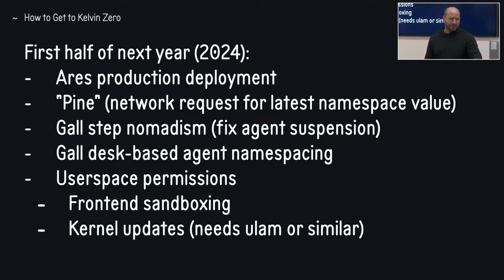The other one is Gall desk-based agent namespacing. How many of you know that if I install app foo and try to install app bar, and app foo has an agent inside of it called debug, and app bar also has an agent inside of it called debug, that I will only ever be able to install one of those two things?